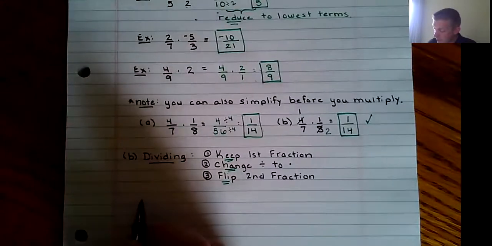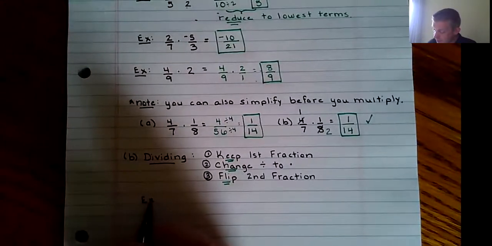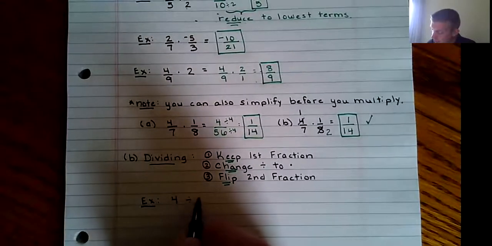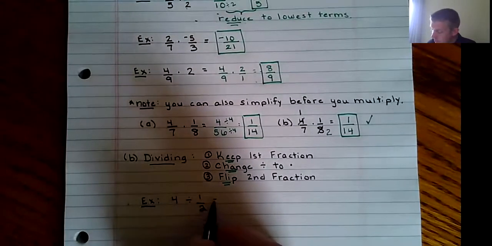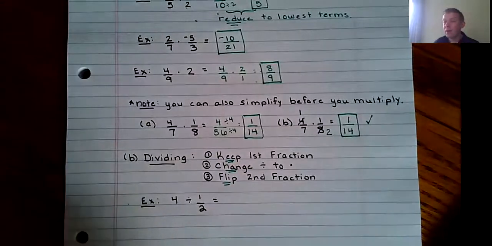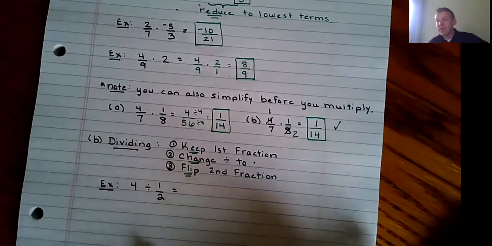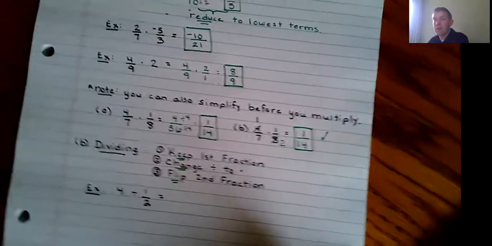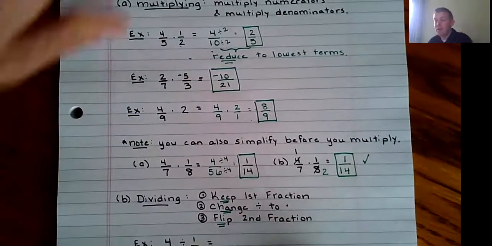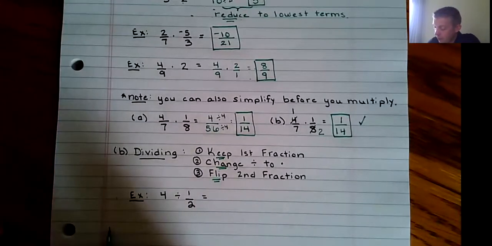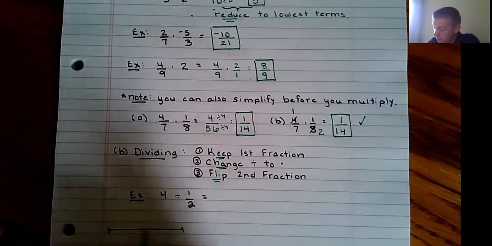Let's start with an example. I'll kind of give you a visual for it also. 4 divided by 1/2. Okay, so 4 divided by 1/2 literally means how many times does 1/2 go into 4? If you think of a number line, here's 0, 1, 2, 3, 4.